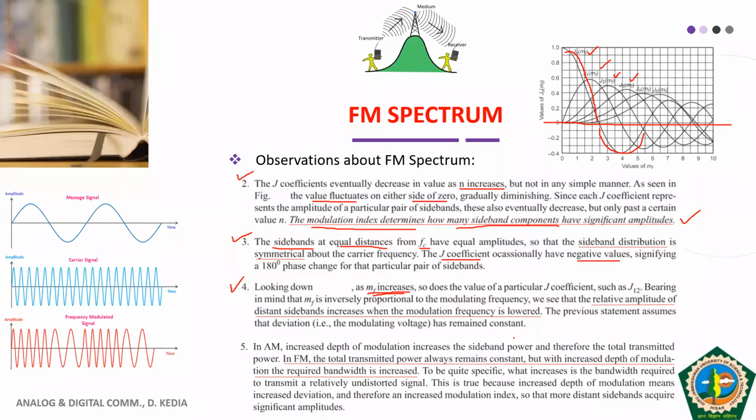So observation number 4 is related to that. As the modulation index increases, then also the value of the J coefficient.